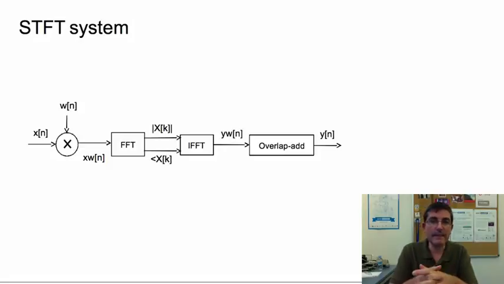And this is the diagram of a complete analysis synthesis system using the short time Fourier transform. So we have the input sound, x of n, then we have the window that we apply and we use to select portions of the sound. And from this windowed fragment, we compute the FFT and it results in the magnitude and phase spectrum.